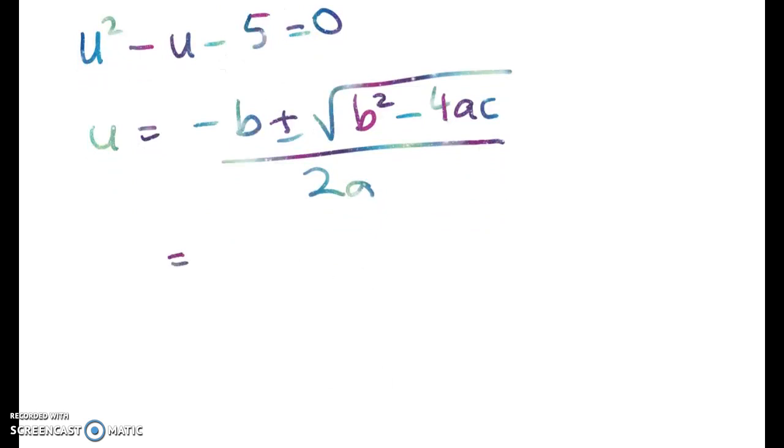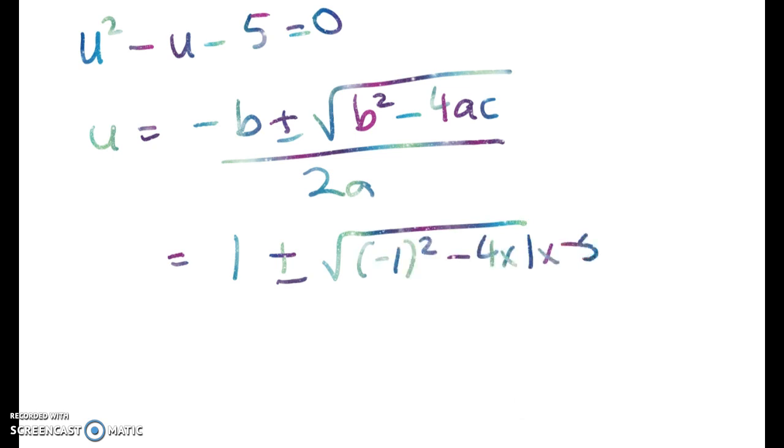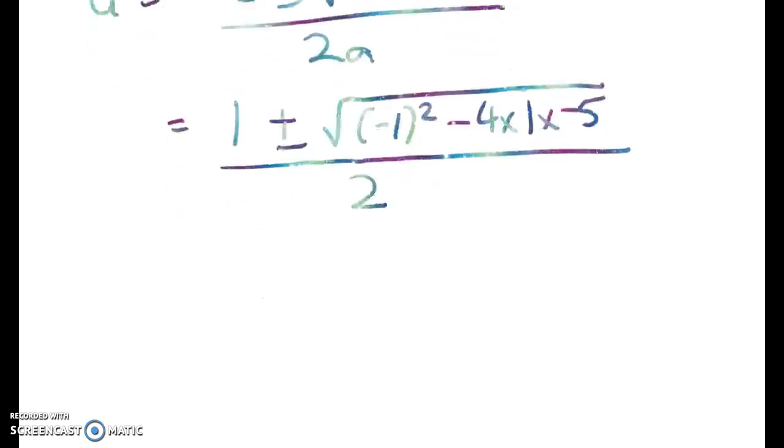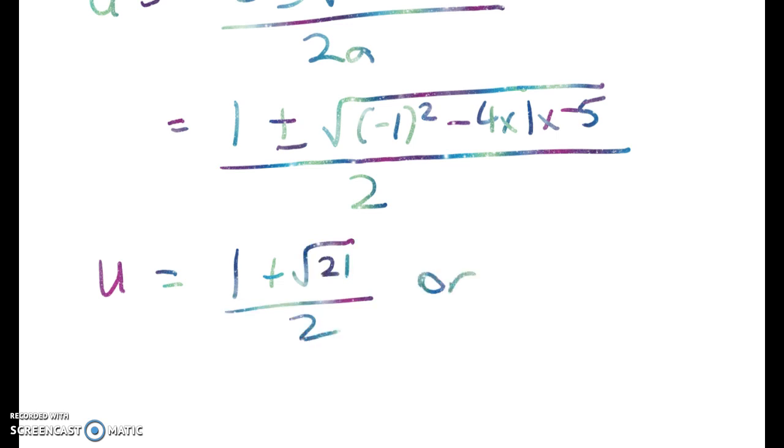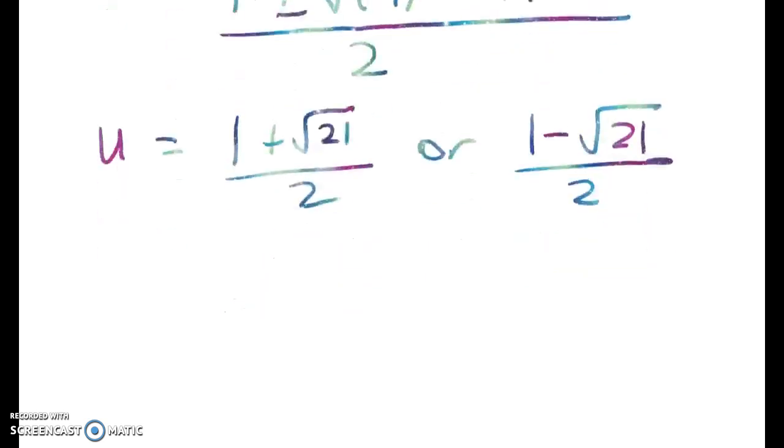So substituting in, I get 1 plus or minus this, simplifying, that gives me u is equal to 1 plus root 21 on 2, or 1 minus root 21 divided by 2. But we know that u was just a substitution we did.